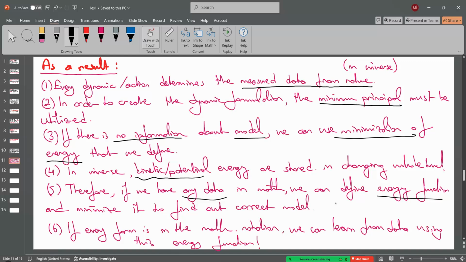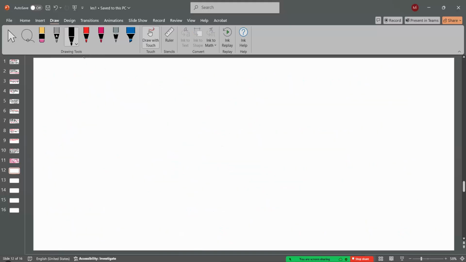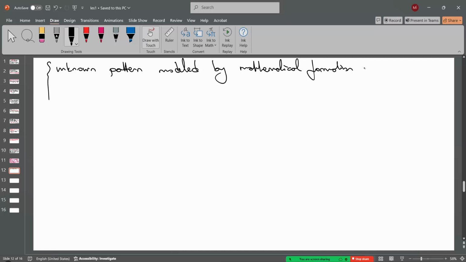And so every form in math notation we can learn from this data, because modeling an unknown pattern by a mathematical formation of a standard function can be called what?